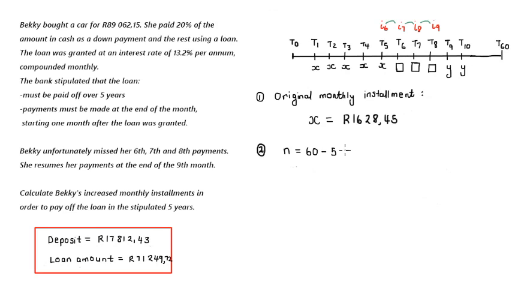So this is the payments that she's still owing, 55 payments. They use the word due, so she still has 55 payments due. Now we're going to use this 55 to calculate the balance on her loan immediately after she's made this payment here at T5.